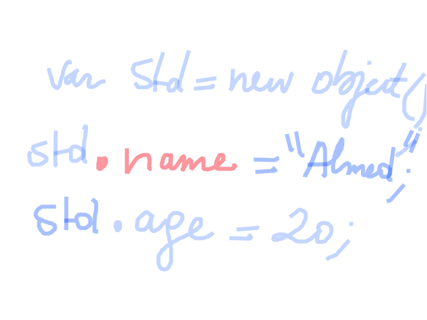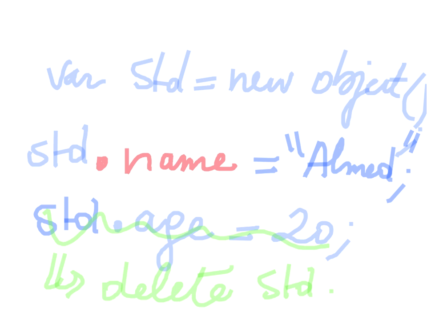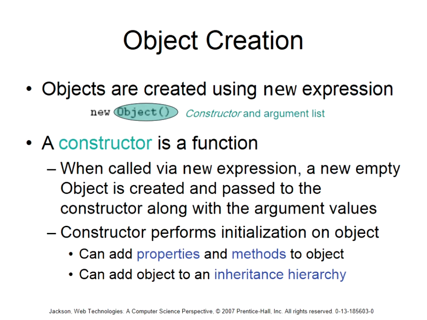I will just write delete student.age. It is clear how we can create, and how to delete a property.